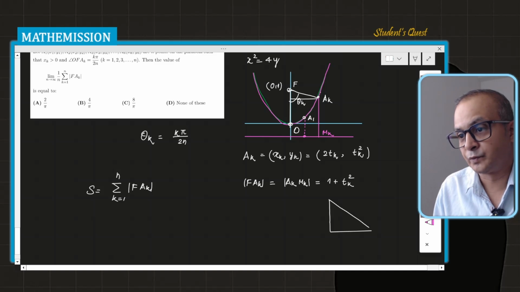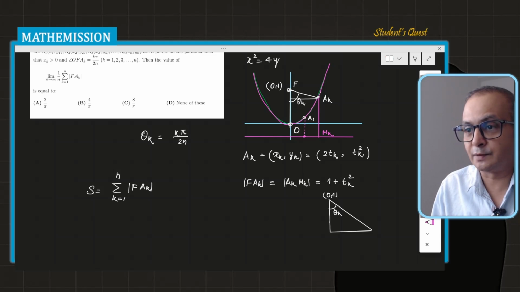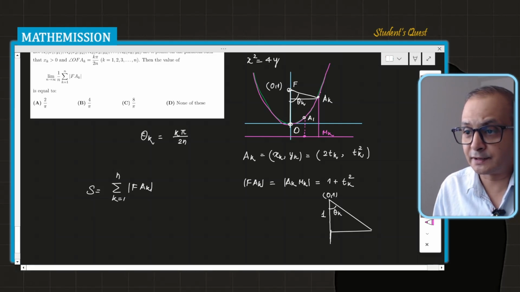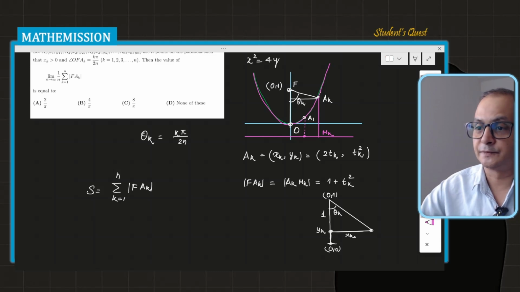So let's take this angle theta k, this point is already 0, 1, which means this length is 1, and you are measuring the distance from this point. Let's say this is the origin here. This particular point is YK units away from the origin, and this particular length is xk units away from the y-axis.